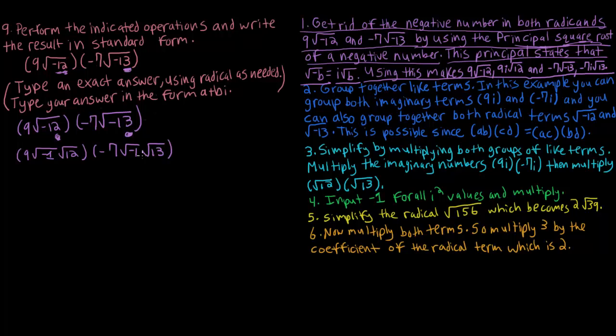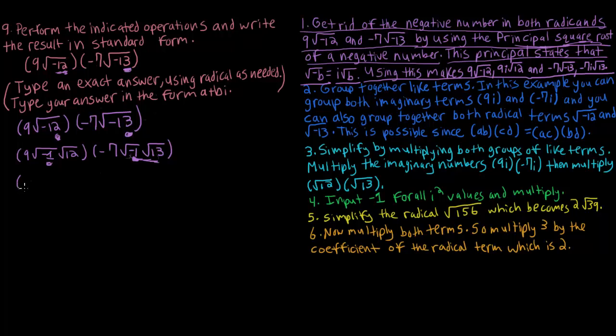And then multiply that by negative 7 square root of negative 1 square root of 13. Because again, this right here is using the principal square root of a negative number, which states that a negative under the radicand can be split up into two separate radicals multiplied by each other, and then you end up substituting the negative 1 for I squared. So actually that's what we have to do now. We have to take each instance of negative 1 and input I squared for it.